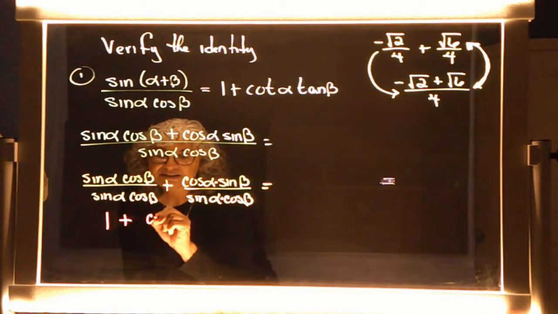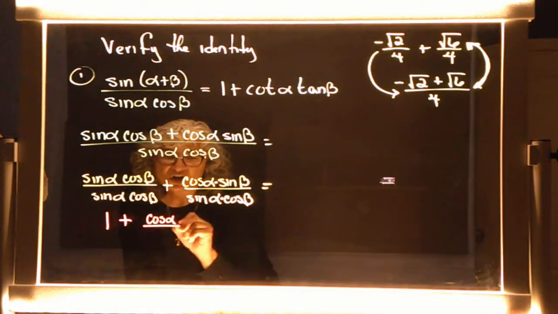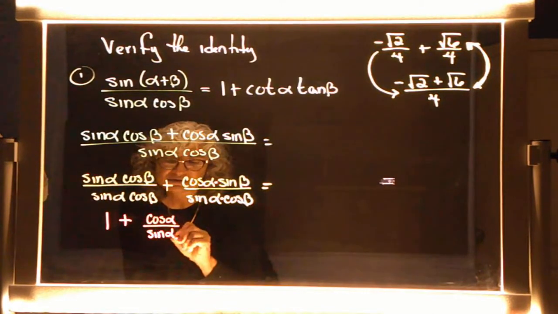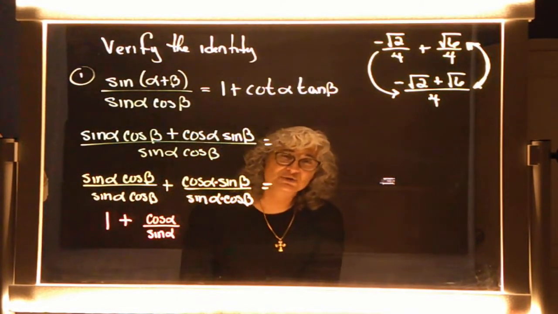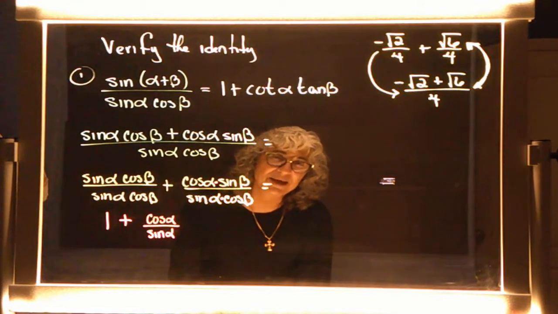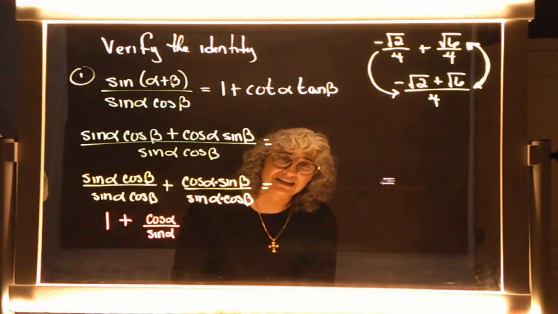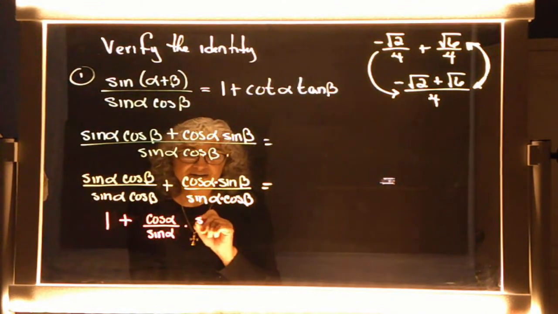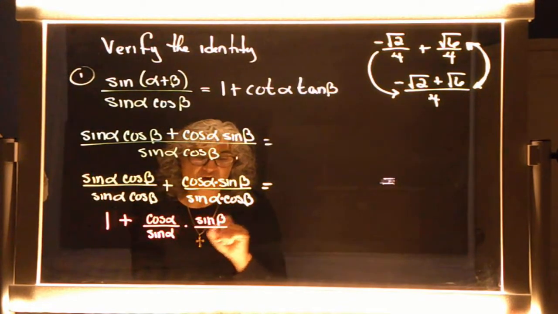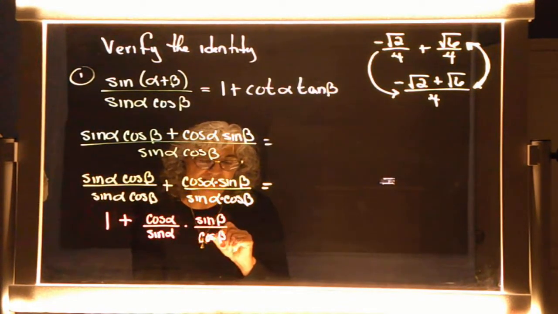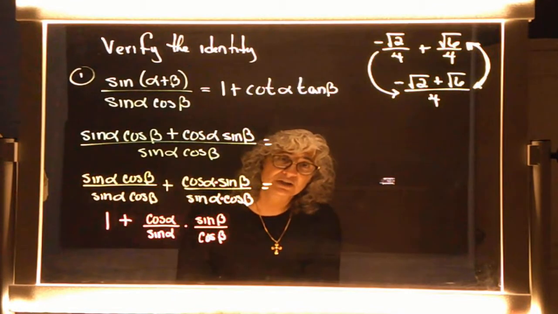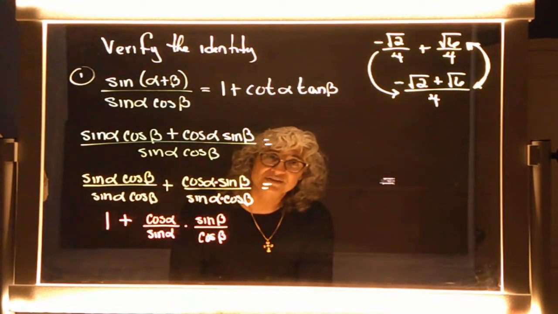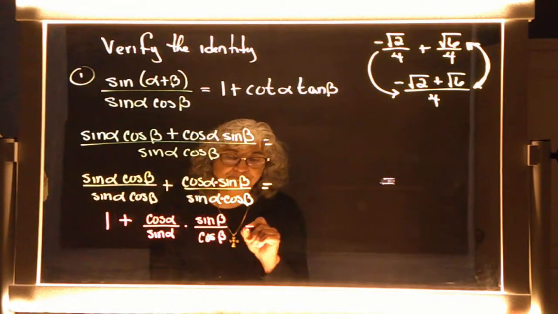I'm going to look at this as the cosine of alpha over the sine of alpha. Why did I decide to look at those two? Because they both have the same angle, alpha. I'm not looking at the trig function, I'm looking at the fact that they both have the same angle, alpha. And on the other one, I have the sine of beta over the cosine of beta. Again, those two I looked at together because they both have the same angle, beta.